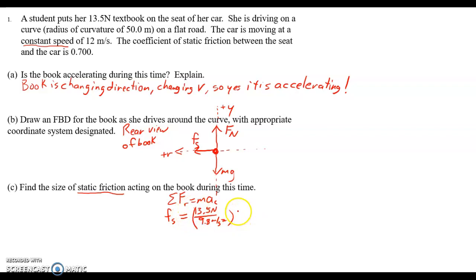And then a_c, we know, is equal to v squared over r. So 12 meters per second, squared, divided by 50 meters. We get an Fs of 3.97 newtons.